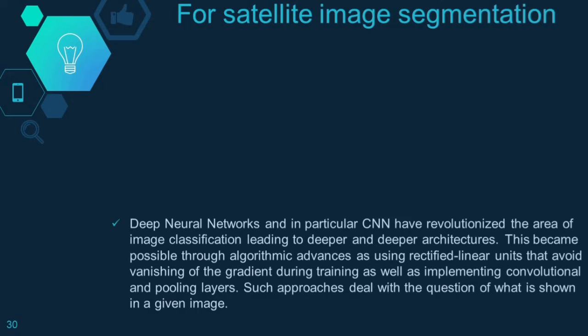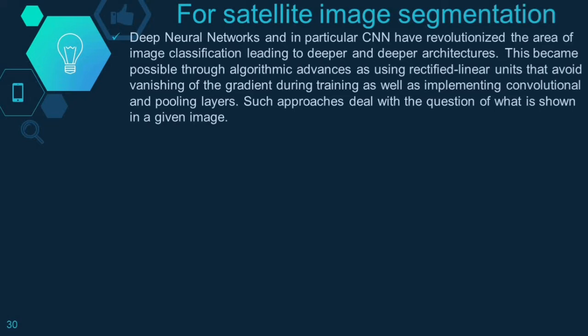For satellite image segmentation, deep neural networks and in particular CNNs have revolutionized the area of image classification, leading to deeper and deeper architectures. This became possible through algorithmic advances such as using rectified linear units, which avoid vanishing of the gradient during training, as well as implementing convolutional and pooling layers.